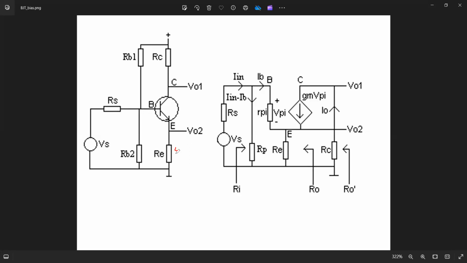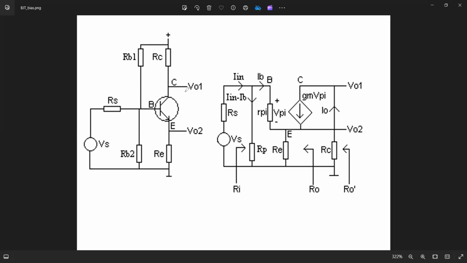There is a resistor RE called the emitter degeneration resistor. In the absence of this emitter resistor, the gain of this amplifier is simply the product of resistor RC and the transconductance GM of the transistor.